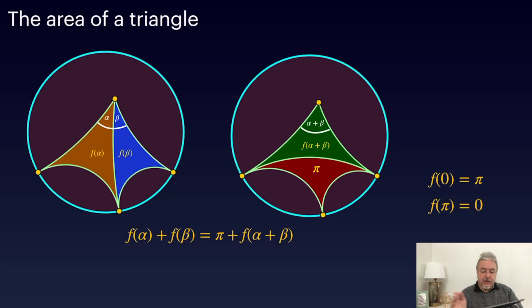And perhaps the easiest way to see that is the following. Take this equation here, and both on the left and on the right side form the derivative with respect to alpha.